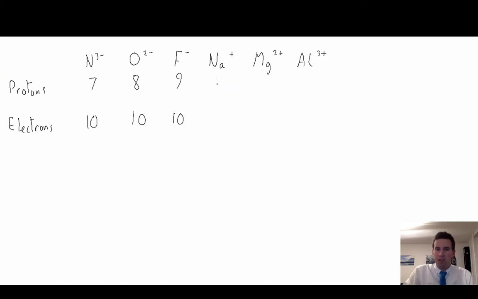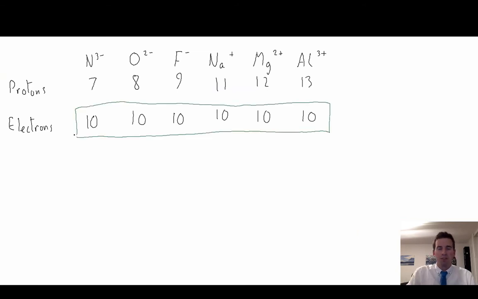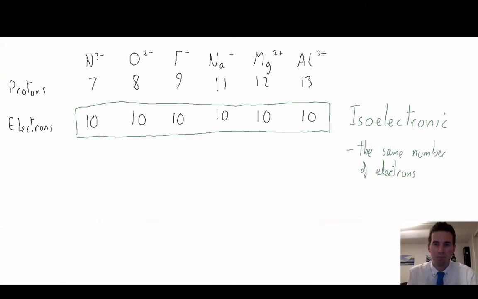Yes, sodium has 11 protons. Because it's positive, it has lost one of its electrons. Magnesium also has 10 electrons, as does aluminium. So these ions are what we call isoelectronic. Isoelectronic means they are ions of different elements that contain the same number of electrons.